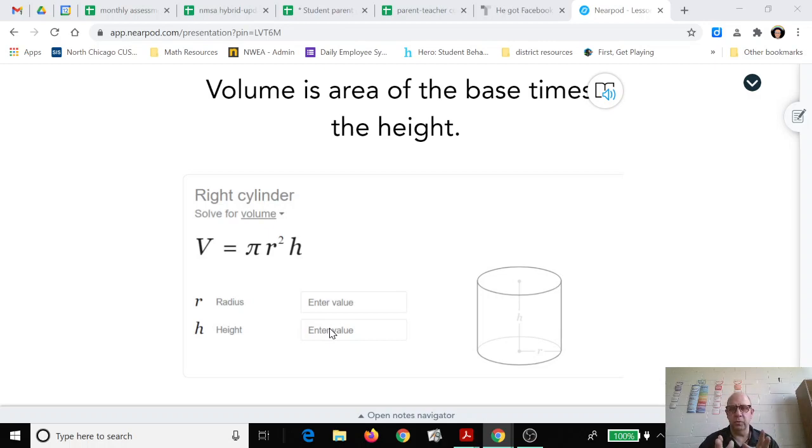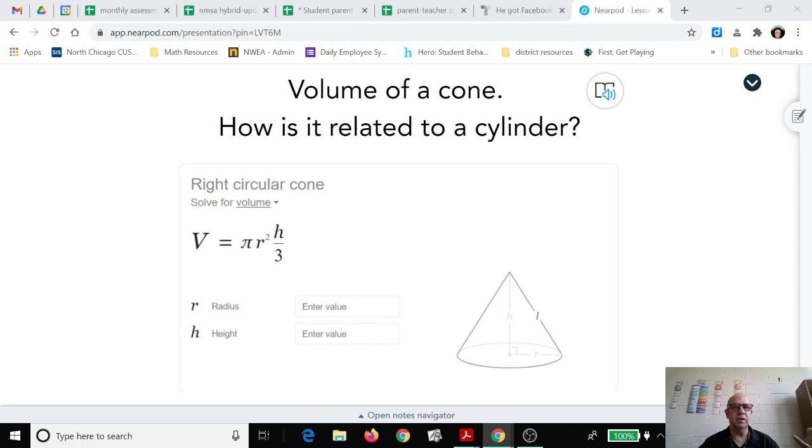Just be careful when you're doing these questions that you're paying close attention, because sometimes they'll give you the diameter, which is twice as long as the radius, or sometimes they'll start with the volume and say work backwards and find the radius or the height. So read the questions carefully. So this is the cylinder. This is the cone, which is the same as a cylinder, except you're dividing the height by 3.